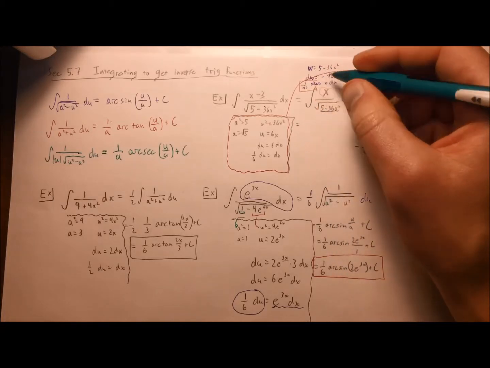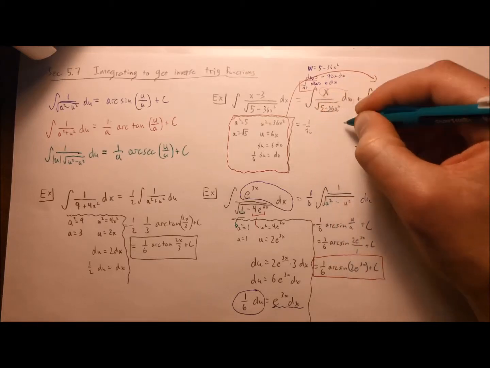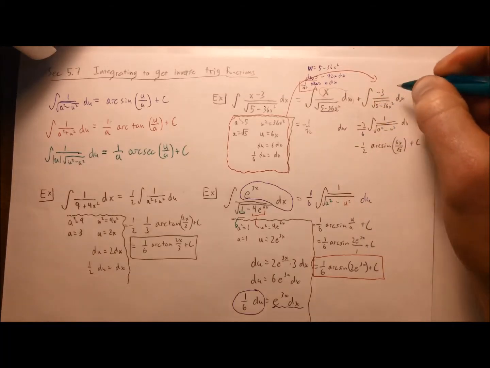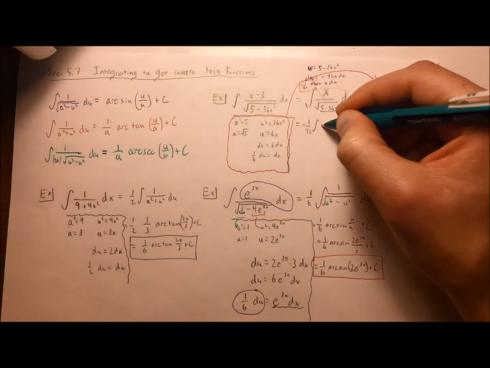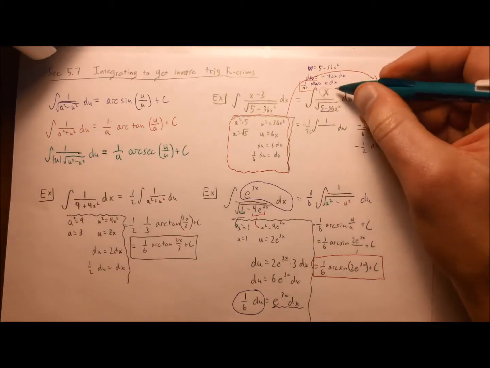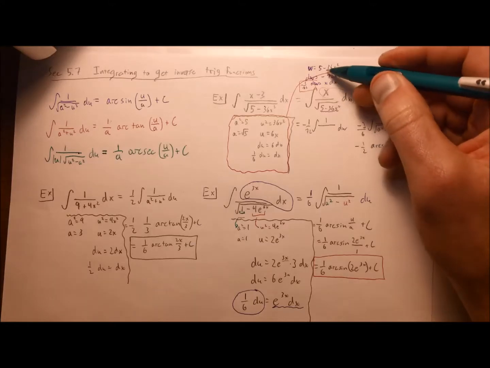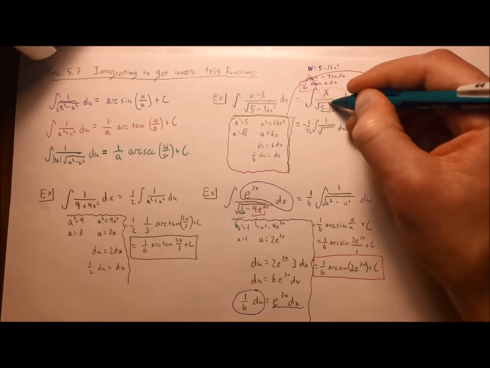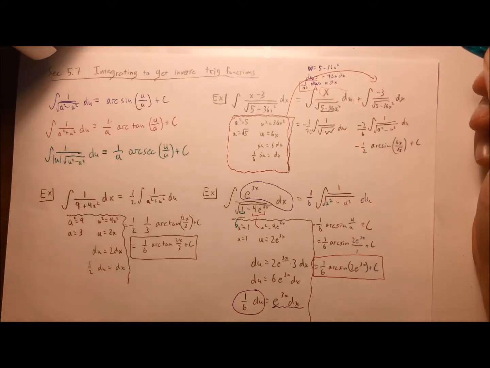So using w substitution here, I'm going to get negative 1 over 72 dw, that just became 1 with the dw there. This is going to become the square root of, well, all that was the w right there, so that's just a w on the inside.